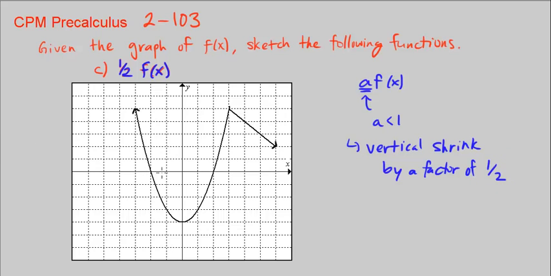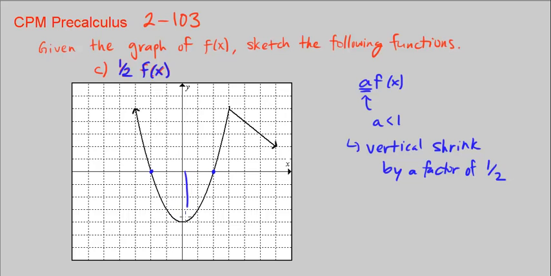Okay, so the easiest places to start is, what is the y value here? Well, it doesn't go up or down, so the y value is 0. So multiplying 0 by 1/2 stays at 0. Multiplying the y value here, again, up or down, the y value is 0, so we multiply 0 by 1/2, it stays at 0. The y value here is -4.